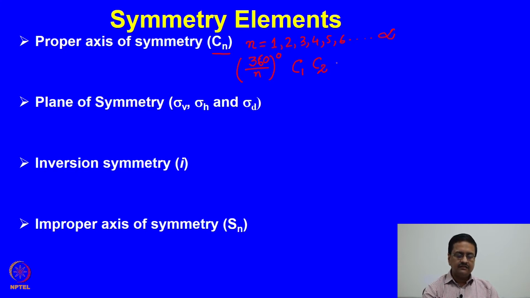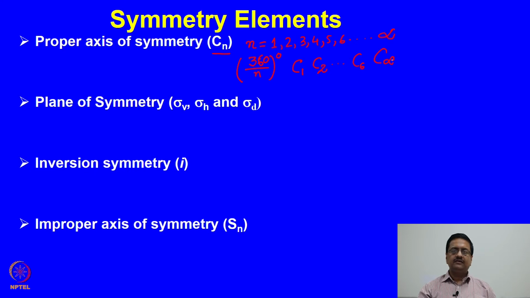Like that, if we continue and write C6, it means 60 degree rotation brings the molecule to be the same as the first molecule that you started with. And when we write C infinity, that means if we rotate the molecule by an infinitesimally small amount, the molecule does not change its orientation. So, that is why the Cn, or the proper axis of symmetry, is what one should look for at the very beginning.